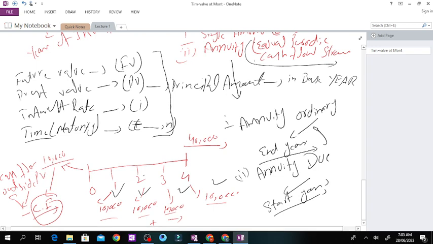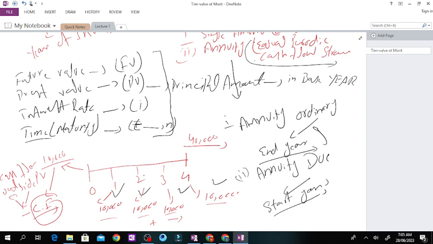For example, in the case of rent, if you have a home, a shop, or anything, and you are going to pay in advance, that becomes the annuity due case.